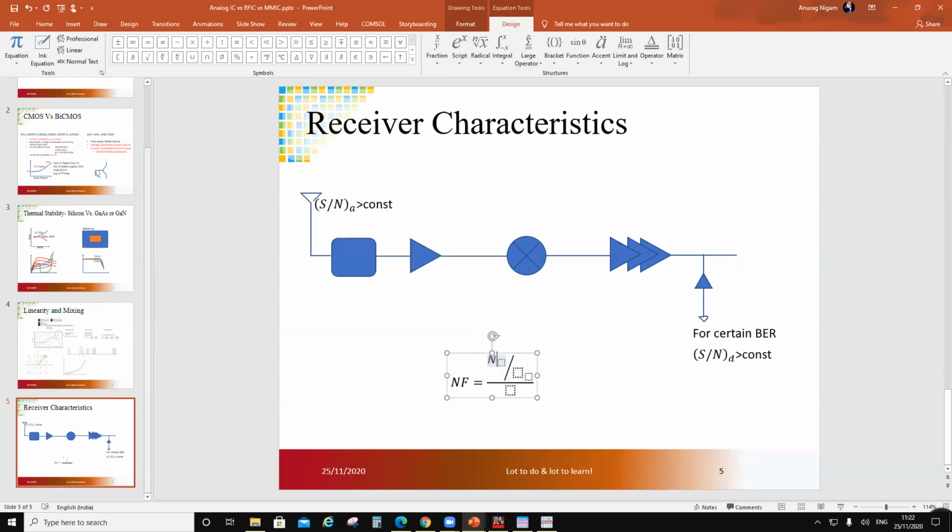So this will be noise output divided by the noise input. Right? And then the gain offered to the noise relative to the gain offered to the signal. Okay? So the gain offered to the signal would be SO and SI.